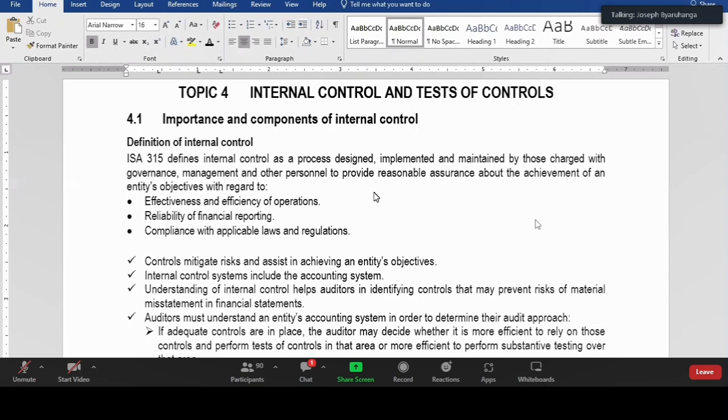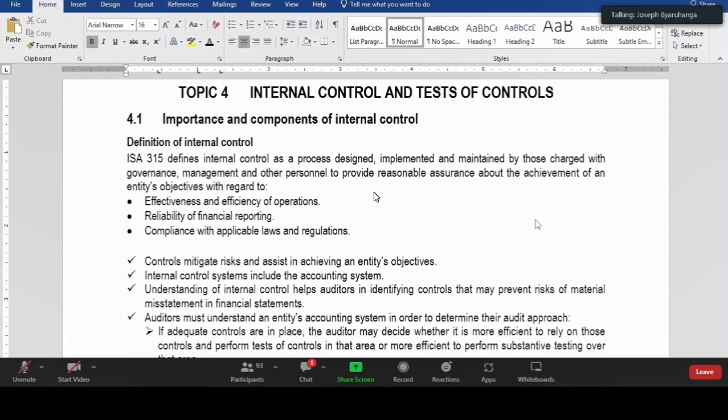We are assessing control risk by looking at internal control. But also in this topic, we shall be looking at tests of controls, which were introduced in topic 3. So we are assessing control risk in order to determine the audit approach, which was introduced in topic 3.